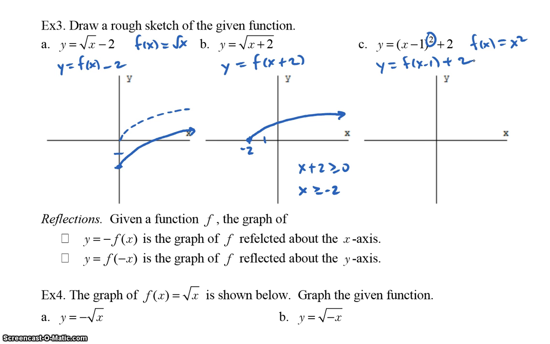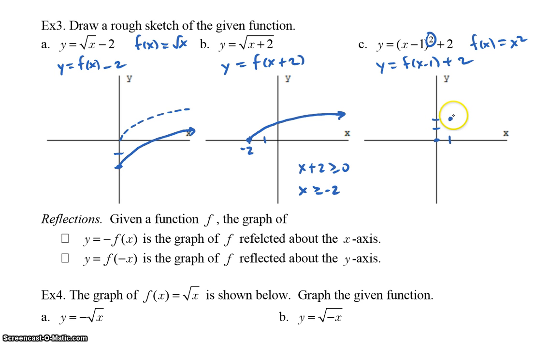So what's going to happen to, say, the point originally at the origin, the vertex? It will be shifted 1 unit to the right and 2 units up, and now will be located at the point 1, 2.